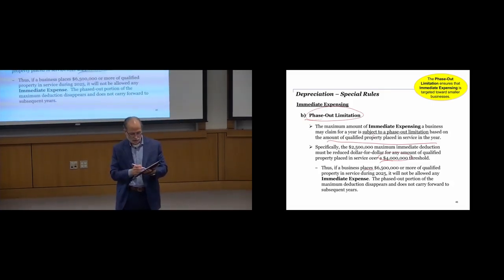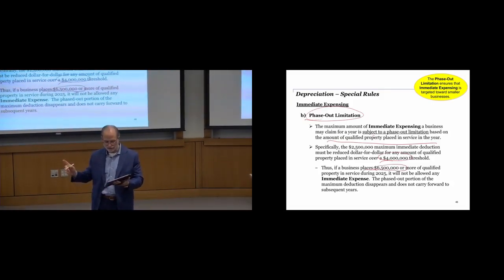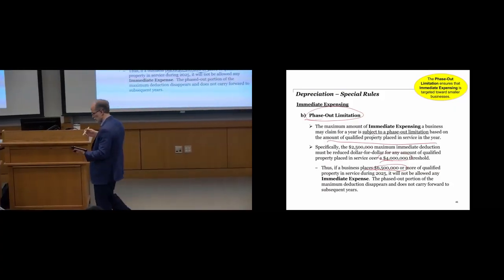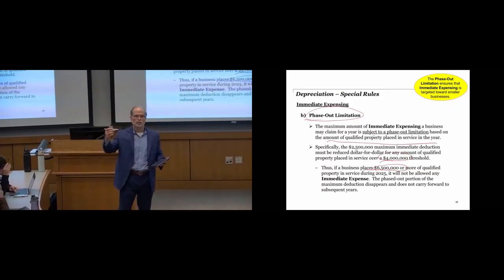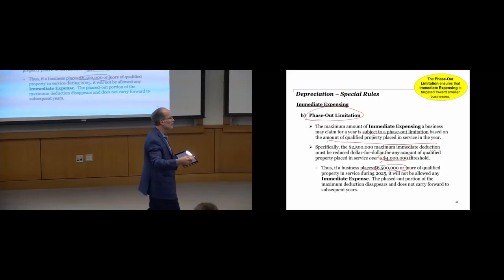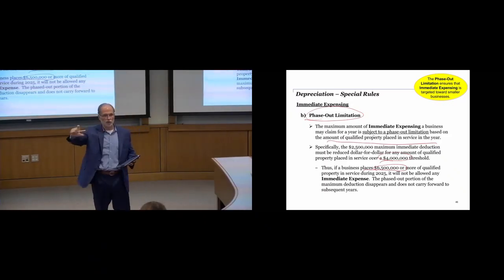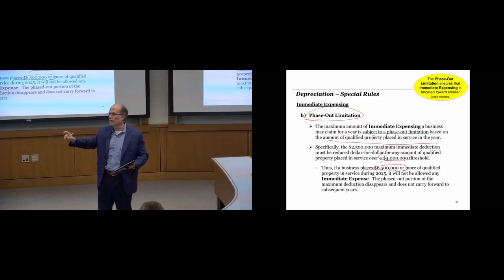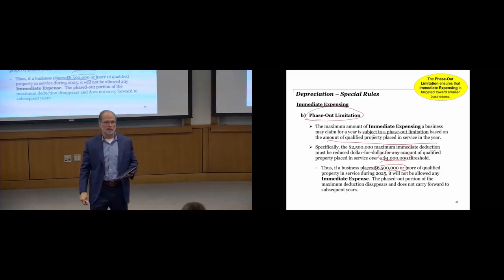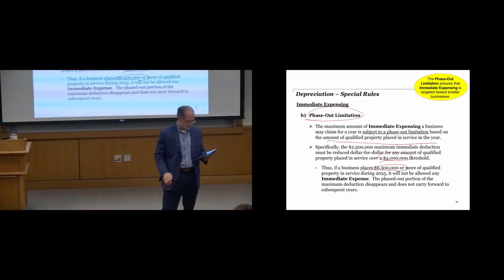So if a business placed 6.5 million or more of qualified property in service during 2025, it will not be allowed any of that 2.5 million immediate expensing. Okay, so this is really for your smaller businesses. Still very, very powerful for those businesses, right? But it's not going to be your big asset guys out here, phase out.